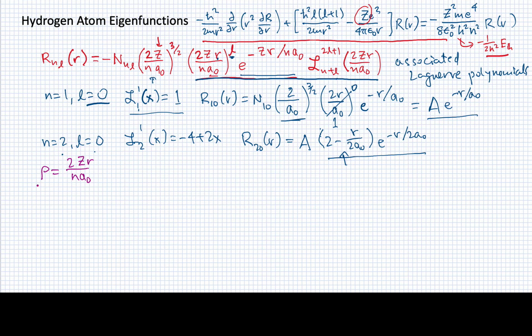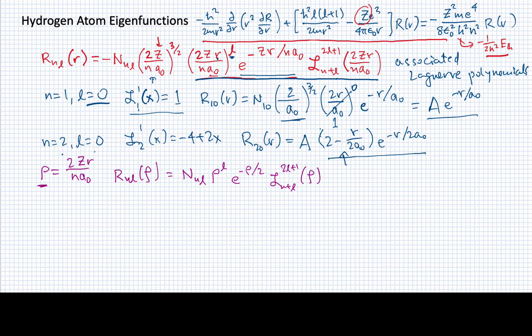So if we use this as our operational coordinate for the radial wave function, we can now write these radial wave functions as follows. They're going to be some normalization constant, which I won't specify any further because I really want to focus on the functional dependence, but they'll be proportional to rho to the L, e to the minus rho over 2, times the associated Laguerre polynomial with an argument of rho.